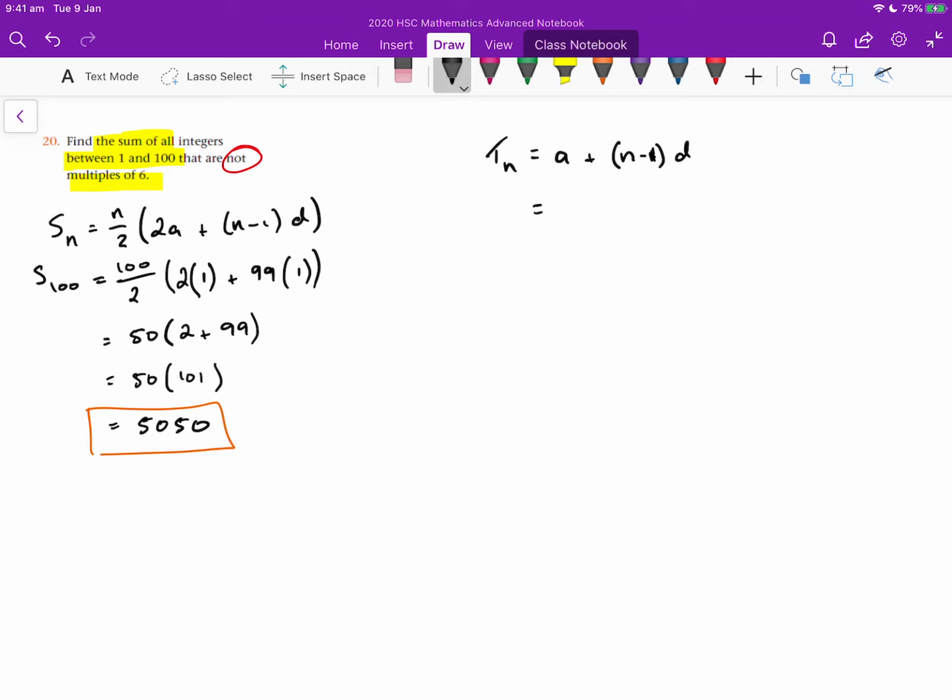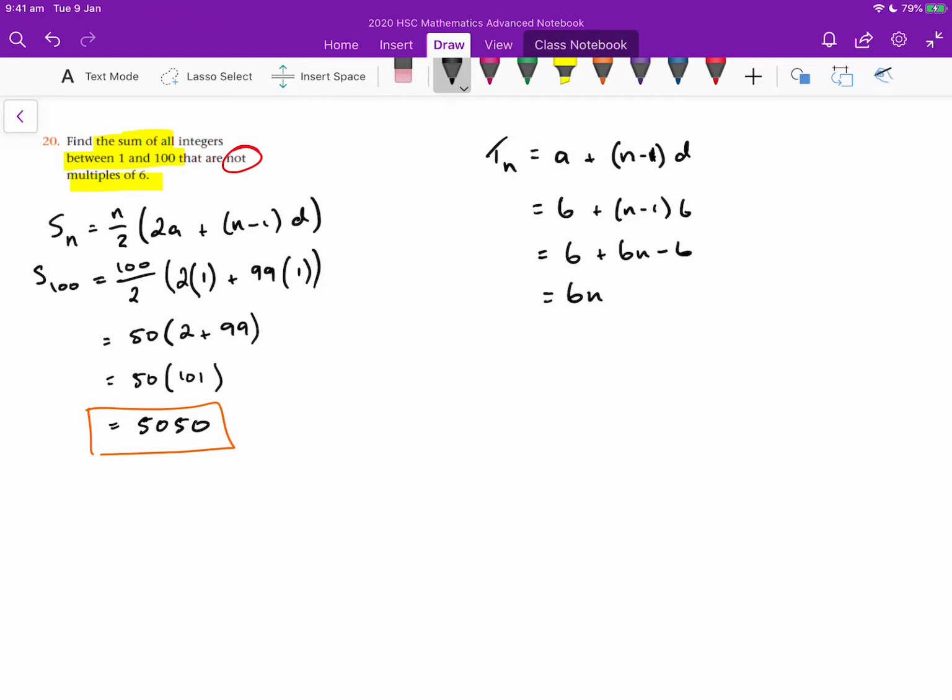We know that the first term of this particular series, because these are all the multiples of 6, is going to be 6, and then n minus 1. Again, multiples of 6, we're starting at 6 and going up by 6s, so our common difference is going to be 6. Now, we keep that 6 here at the front, and then we have 6n minus 6, which leaves us with 6n being our expression.